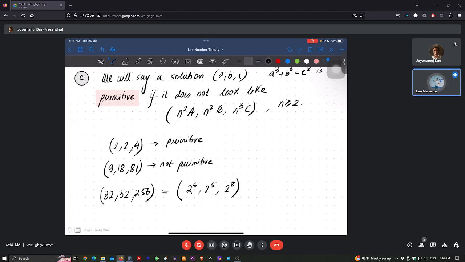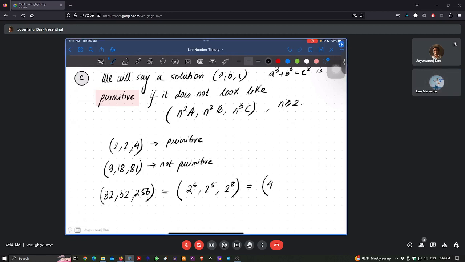You can express it as 2 squared multiplied by 2 cubed. So what can we take out as n? n is 2 squared, 4.